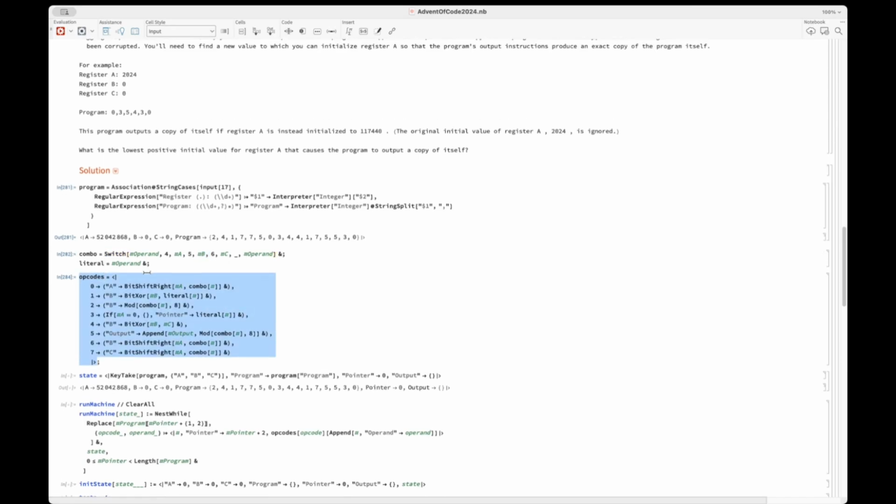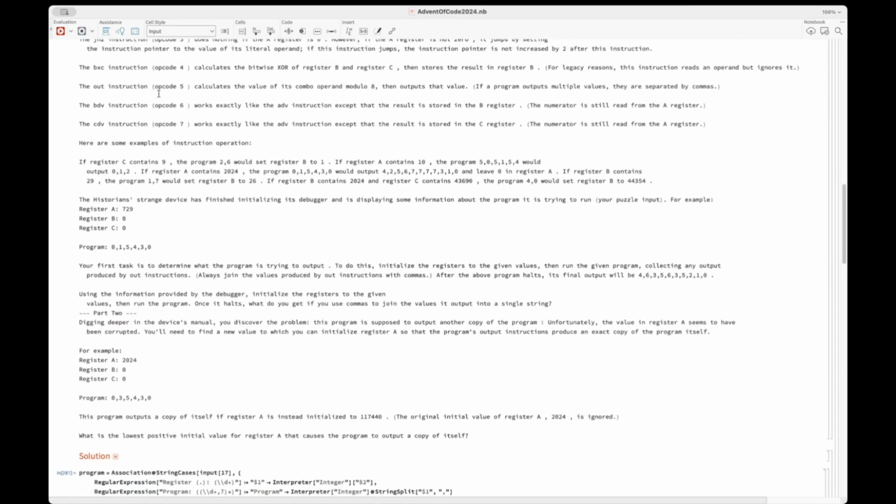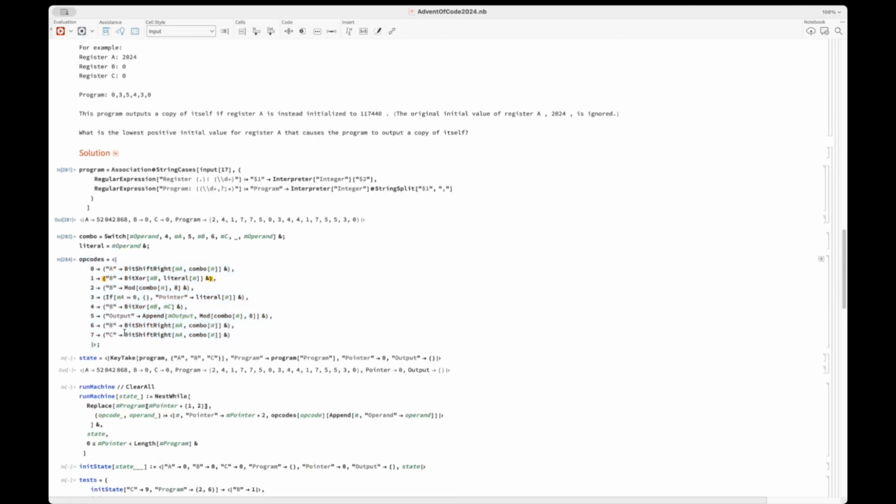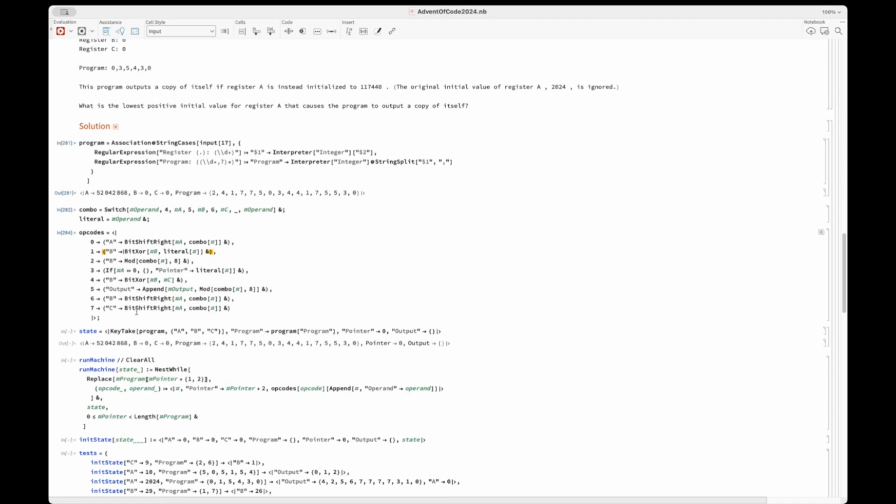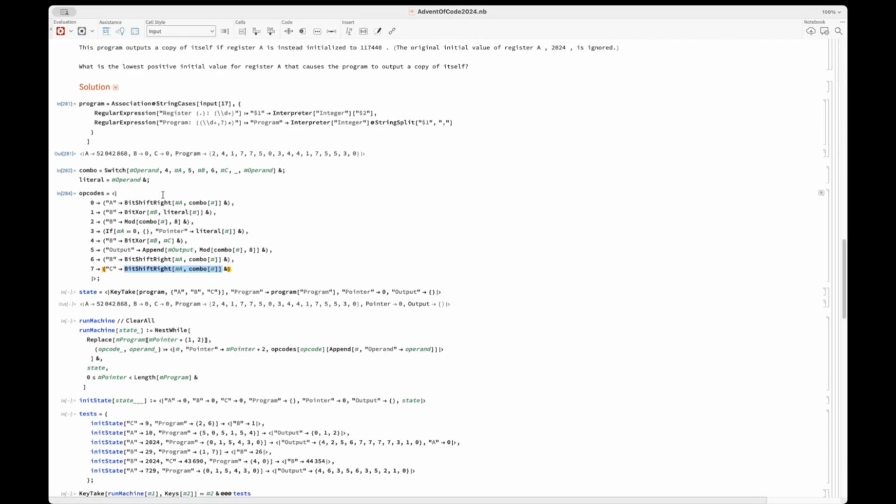Just a straightforward encoding of the instruction set here, an association that operates on another association of registers. The state has 3 registers, the program itself, and the pointer, because you are allowed to jump here.